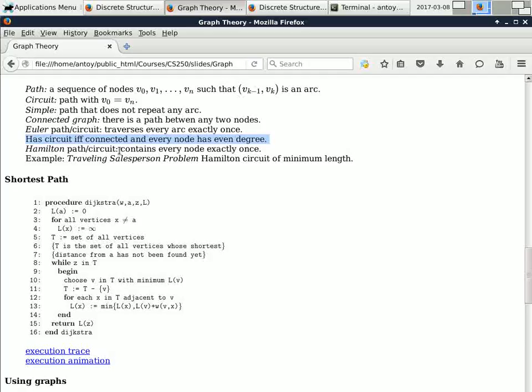At some point you will study complexity, and there is a class of problems of this kind that are all equivalent, and no one knows how to solve them efficiently. If you can solve one, you can solve all the other ones. And so the conjecture is that there is no way to solve these efficiently. Otherwise, someone would have been smart enough to solve at least one of these. And if you solve one, you solve all the others.